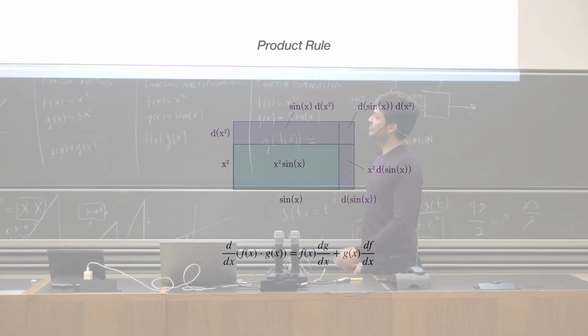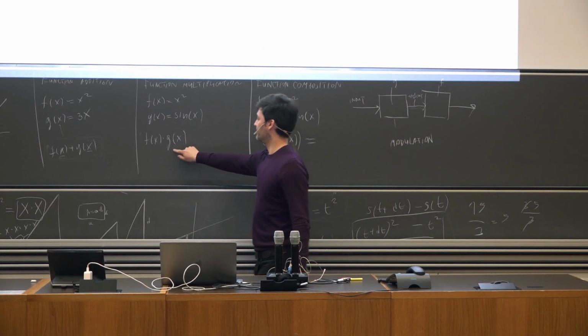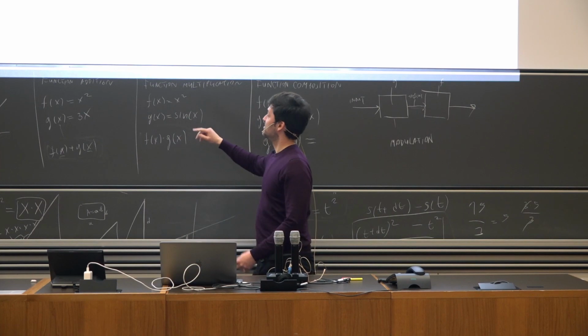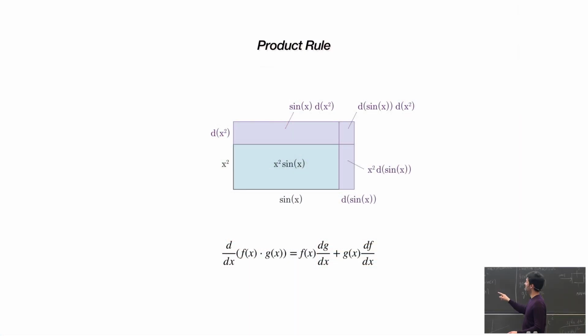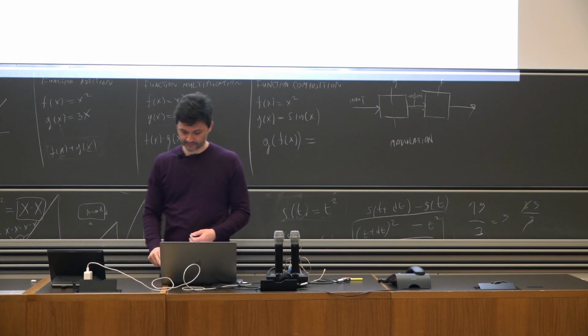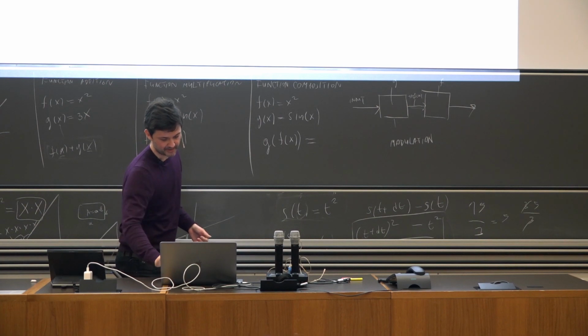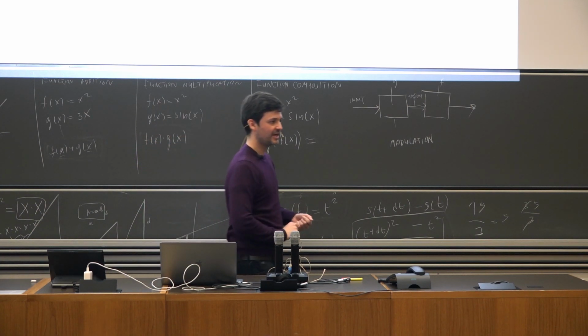So the derivative of a product is the first element of the product times the derivative of the second one plus the second one times the derivative of the first. This formula can be daunting, but if you think about areas, it is very simple to calculate.